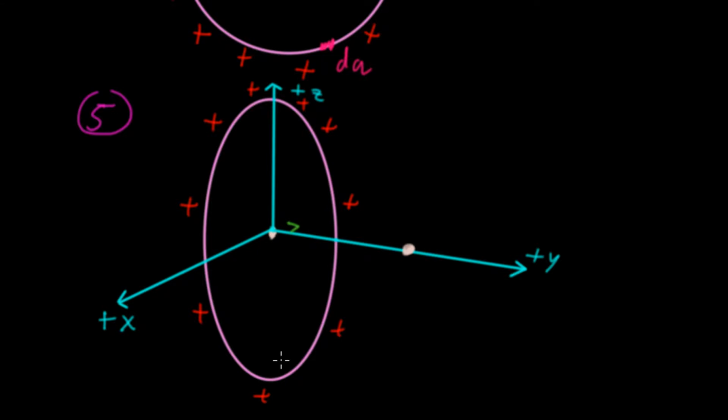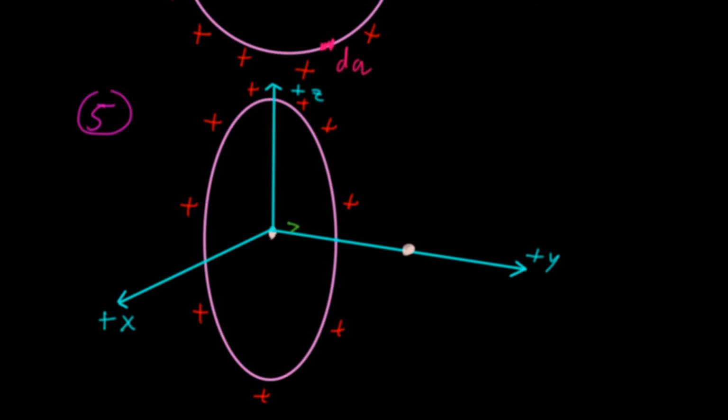So what we want to do is find the net electric field vector at some point along the y-axis. It can be the negative y-axis, but we're just going to focus on the positive y-axis here. We already found that the net electric field at the center of the ring, at this base point, is 0. But now we want to find it at some point along the positive y-axis.